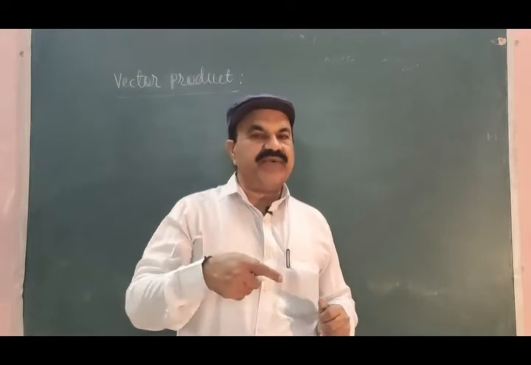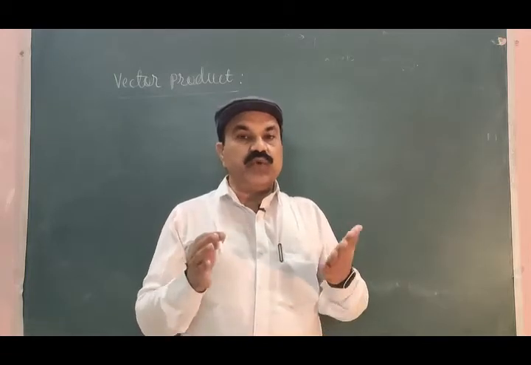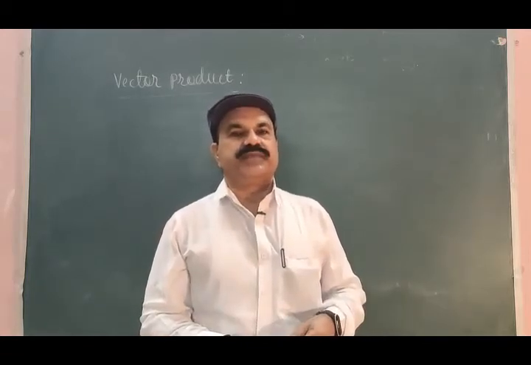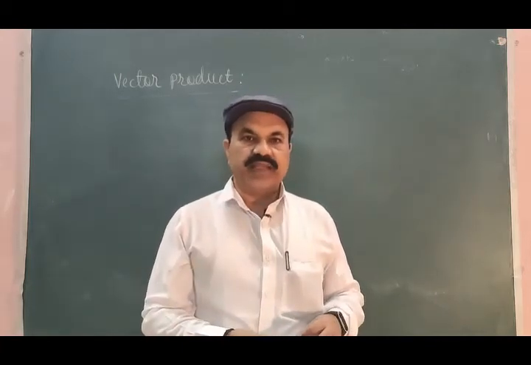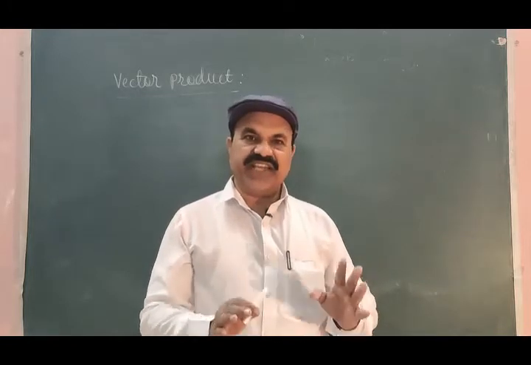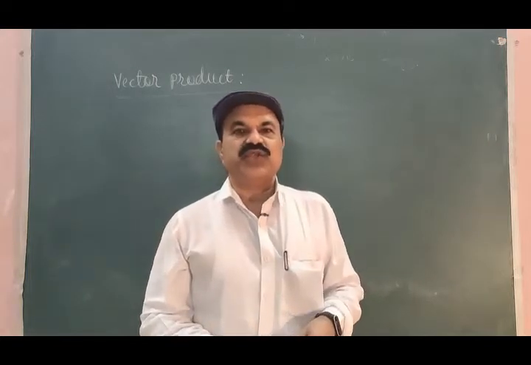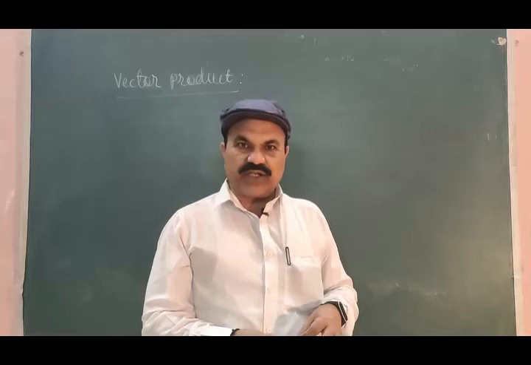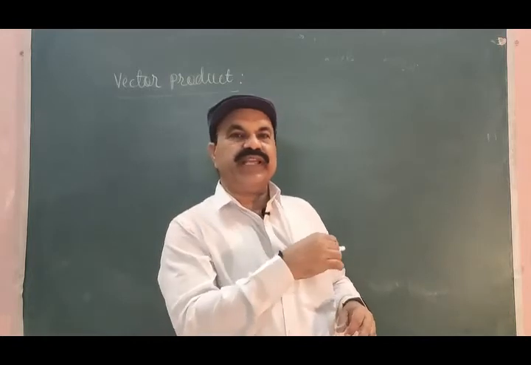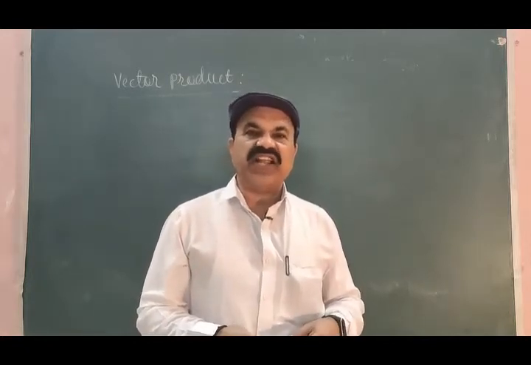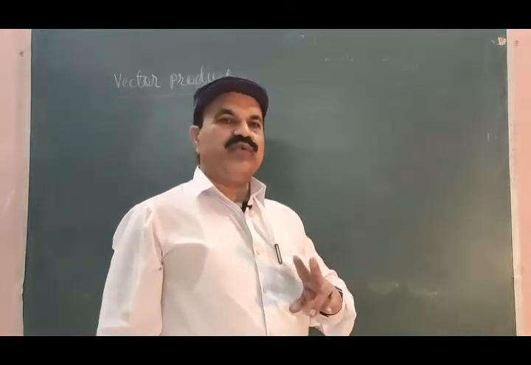Before going to derive this, let us first discuss the rules we need for the vector product in terms of the unit vectors i, j, k. We shall use them to derive the final relation for the cross product of two vectors.